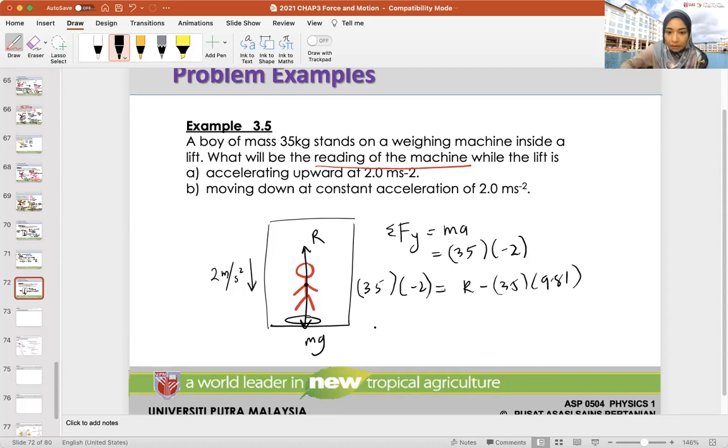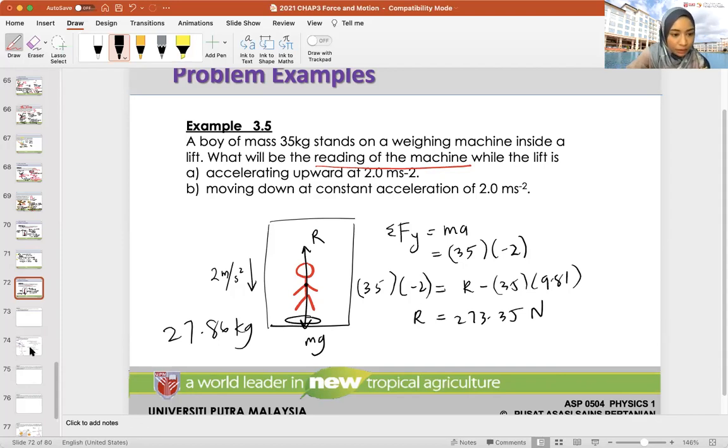So I have my R reaction force is 273.35 Newton. So what will my weighing scale detect? No, not my weighing scale, the boy's weighing scale. So the weighing scale says, hey, you are 27.86 kilogram. So if you want to lose weight, this is how you can do it. Put yourself in the lift, go downwards, measure yourself.